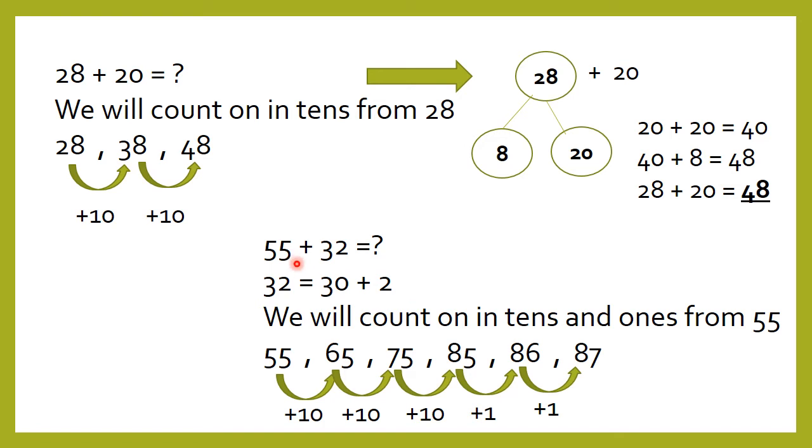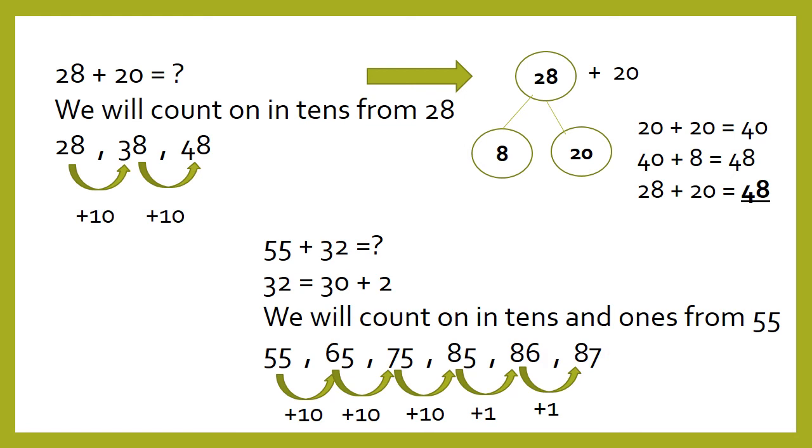First let's do 55 plus 30, which means 55 plus 3 tens. So I will count on in tens: 55, 65, 75 and 85, and then I'll count on in ones, 86 and 87.